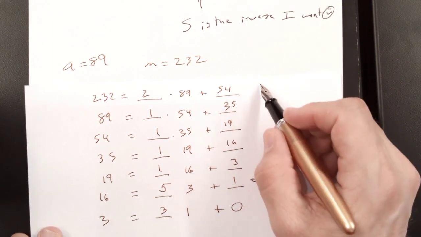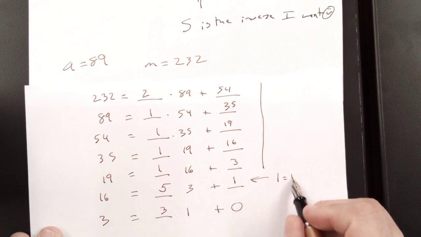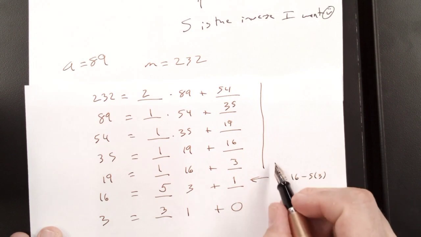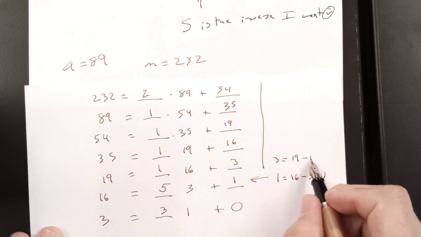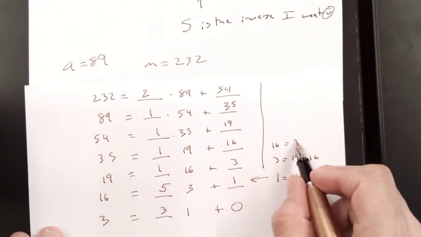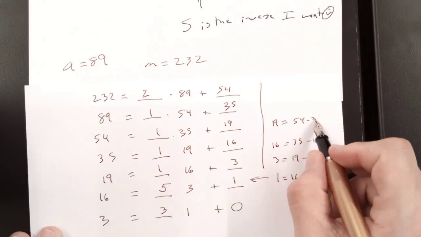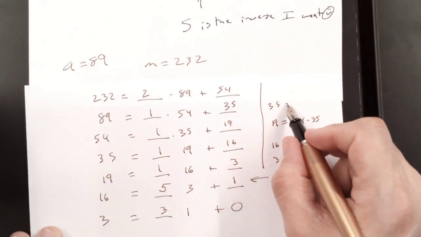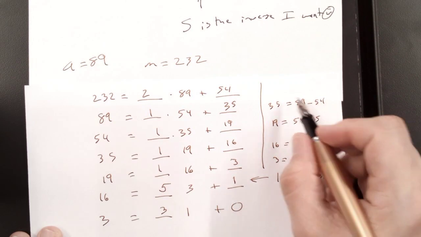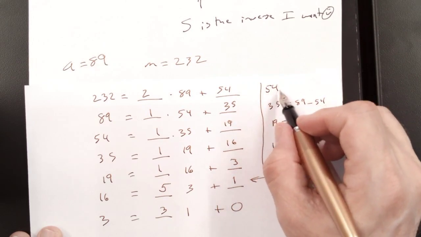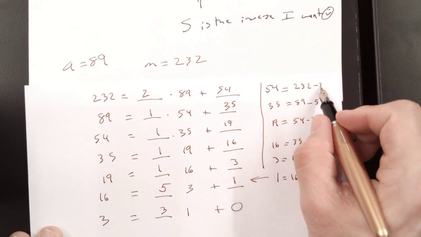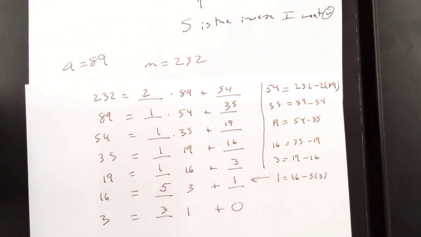I'm going to do all the rewriting right here. So I just rewrote all of those equations to get the remainders alone. And now you're going to start with 1 equals.